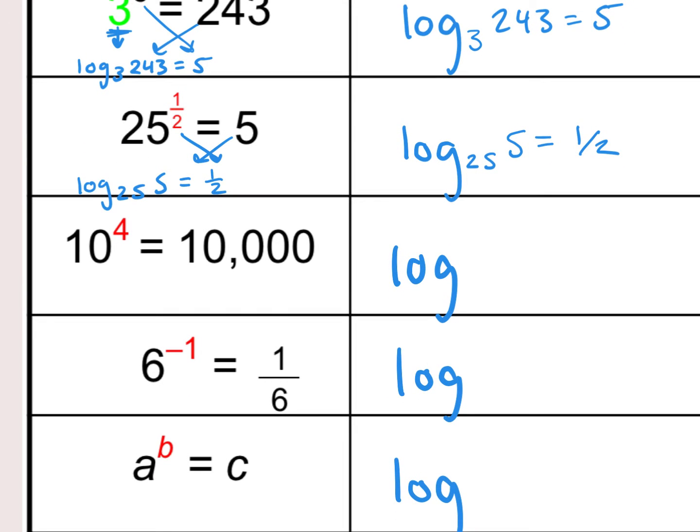Let's look at the next one. What's our base? 10. And then what comes next? 10,000, and it's equal to 4. So log base 10 of 10,000 is equal to 4.